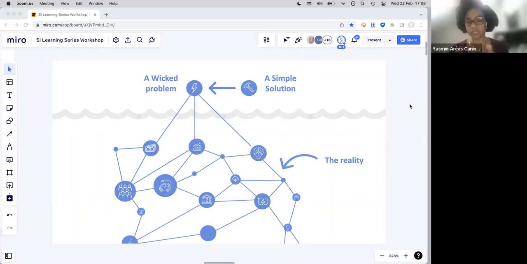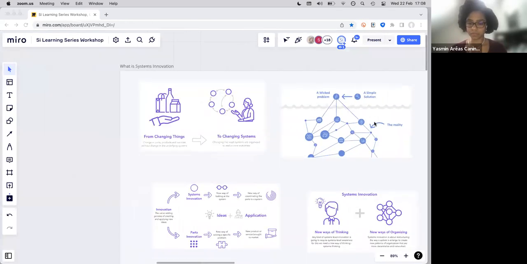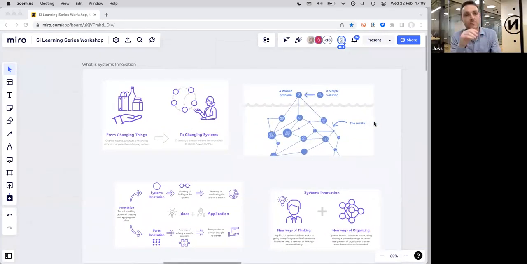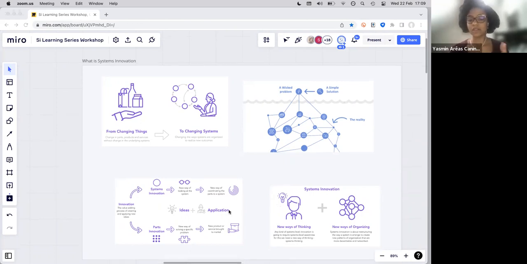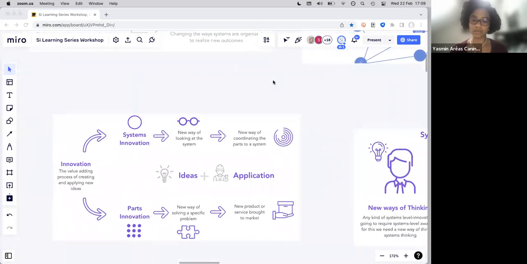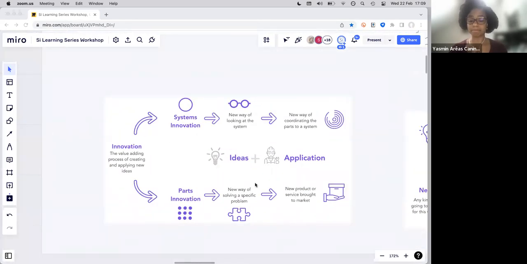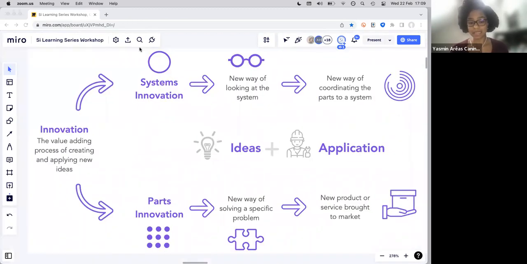Systems innovation is a process of understanding more about this structure and the ways that we can see the correlations between elements in the system. As we covered last time, we can see innovation in two ways. We can see innovation in just parts, which is essentially putting products and services out there to solve a specific problem.